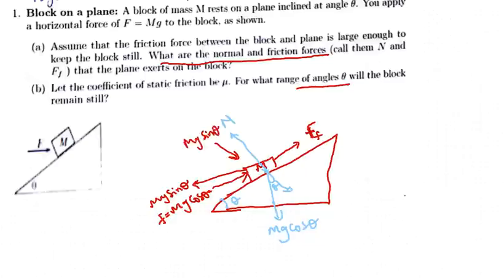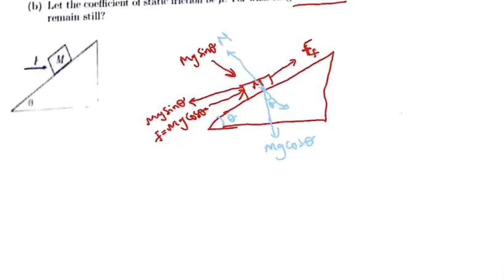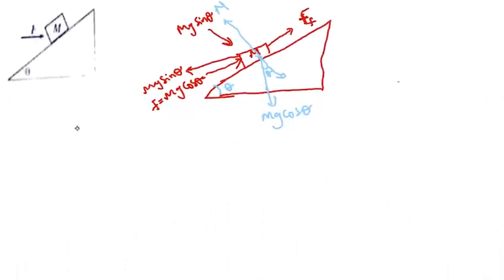So with all this, let's see if we can try to analyze them. For this, the normal will be equal to mg cos theta plus mg sin theta.